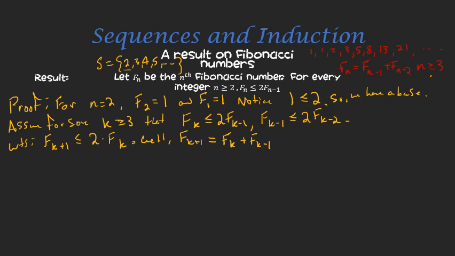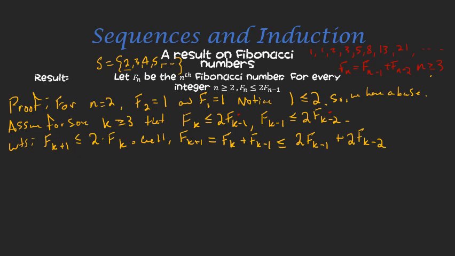And now I get to assume, using the induction hypothesis, that these two things are true. So each one of those is less than or equal to twice the previous one. So 2 times f_{k-1} plus 2 times f_{k-2}.